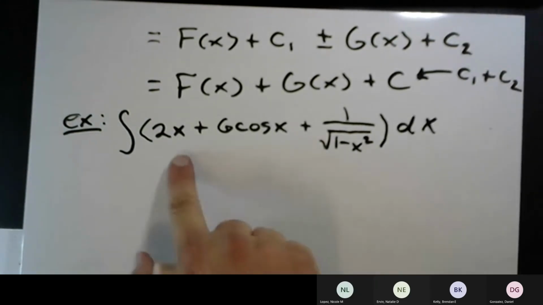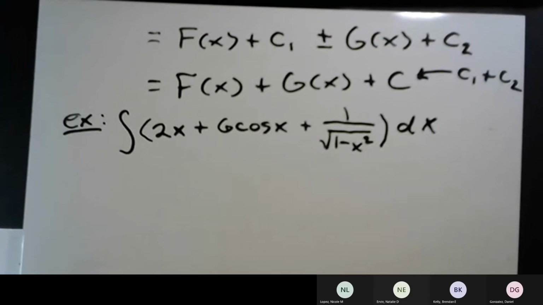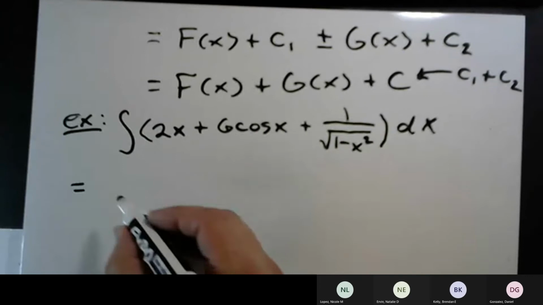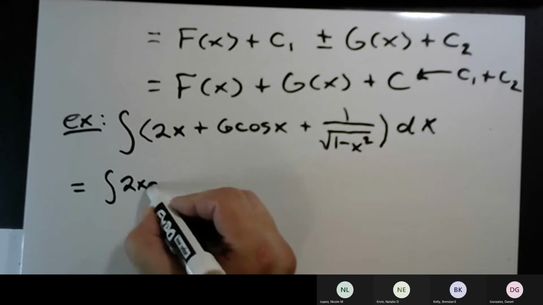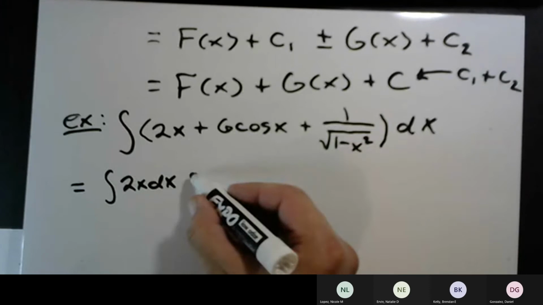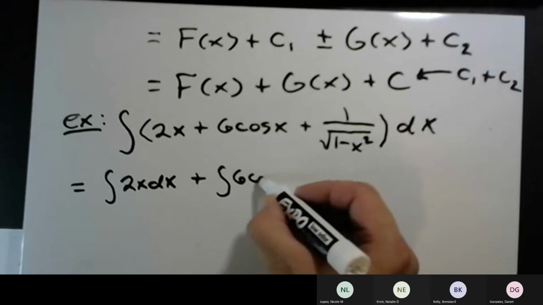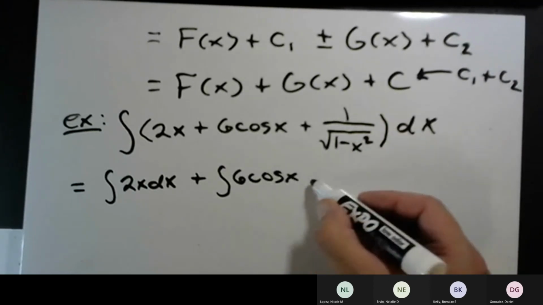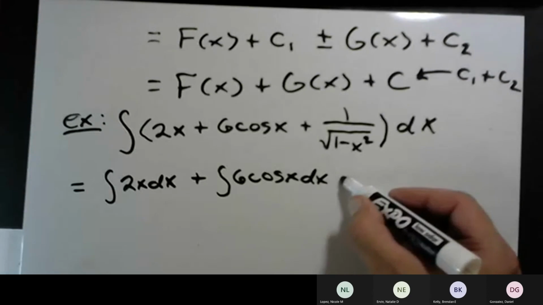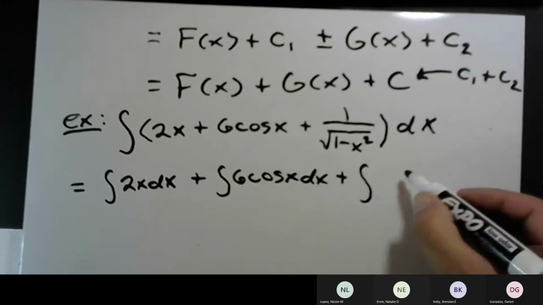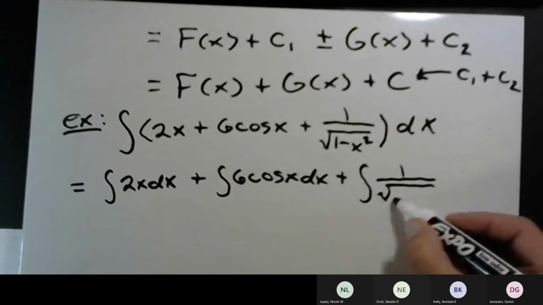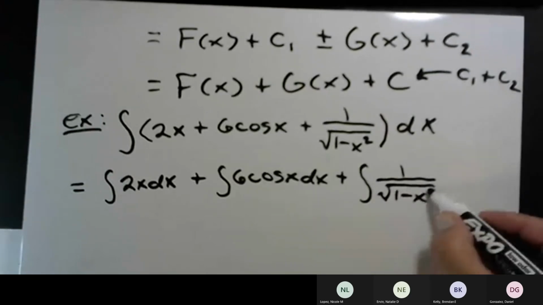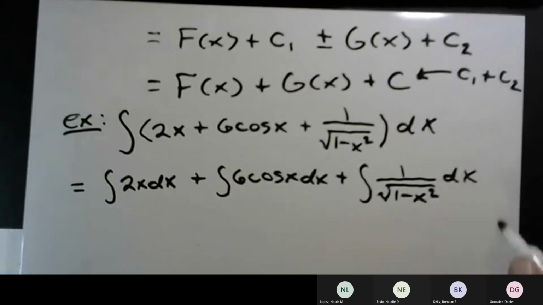And what we've been told is we can divide and conquer. So it'll be the integral of 2x dx plus the integral of 6 cosine of x dx plus the integral of 1 over the square root 1 minus x squared dx.